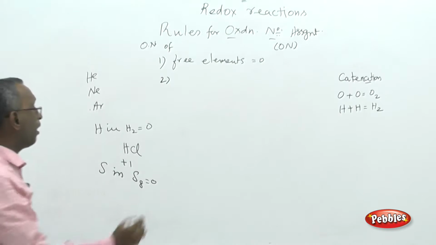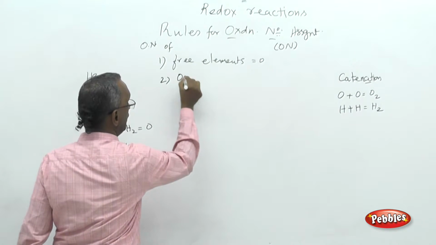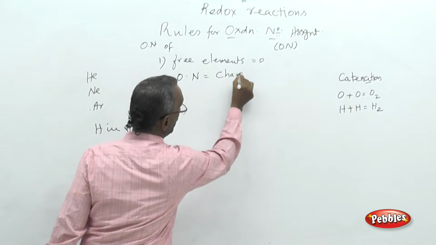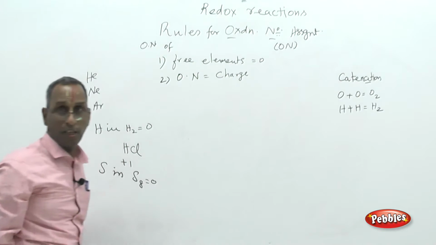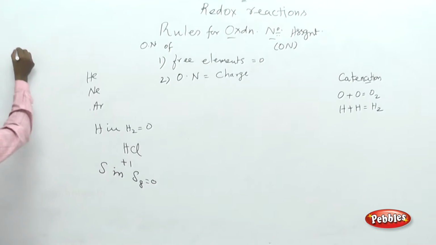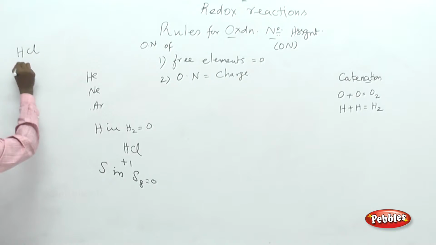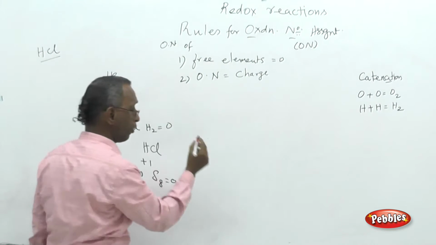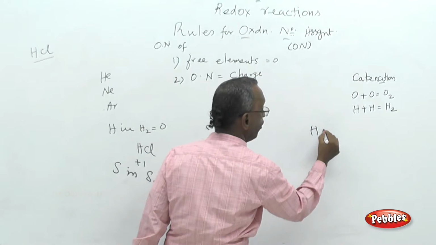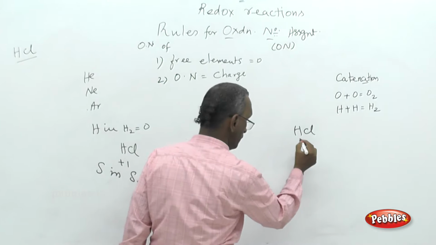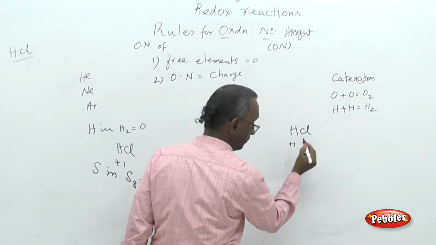Second rule: oxidation number is generally the charge on the particular species. Oxidation number is the charge on the species. Just now we have seen the same compound, we can illustrate. What is the oxidation state of hydrogen in hydrogen chloride, and of chlorine in hydrogen chloride? Hydrogen is taken as +1.